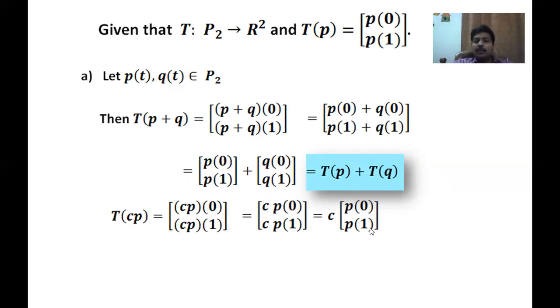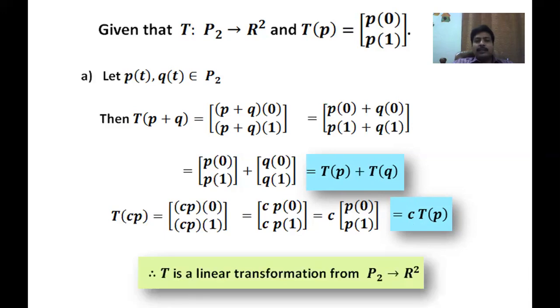So c times p(0) and p(1). This is nothing but T of p. So this is c times T of p. So we have proved both the conditions of the linear transformation. So T is a linear transformation from P2 to R2.